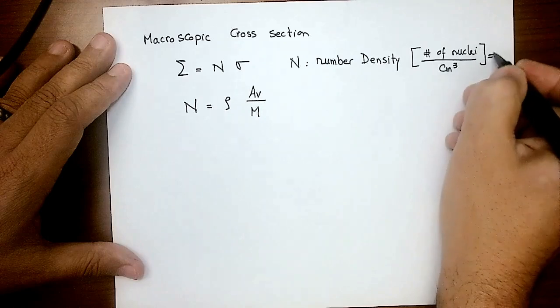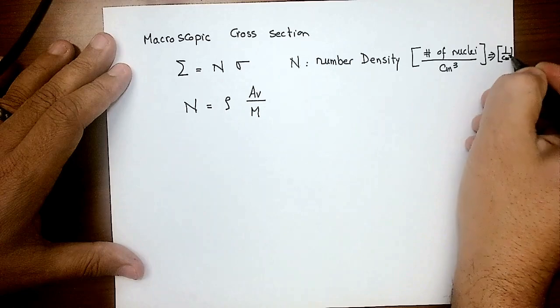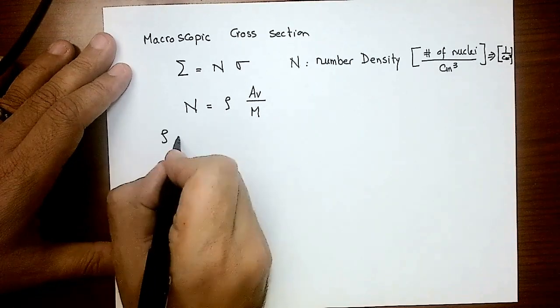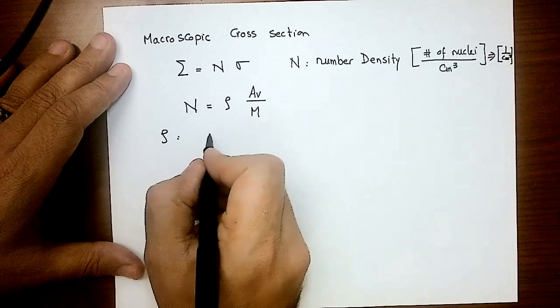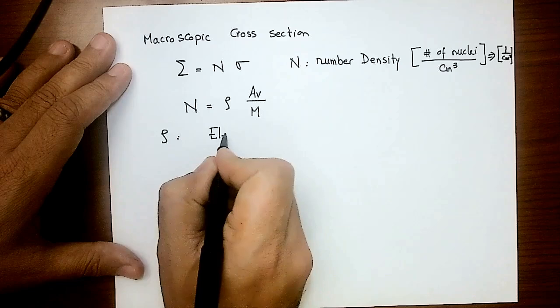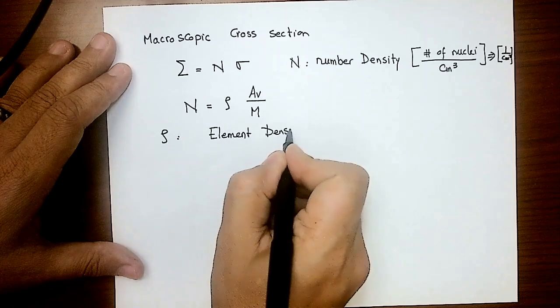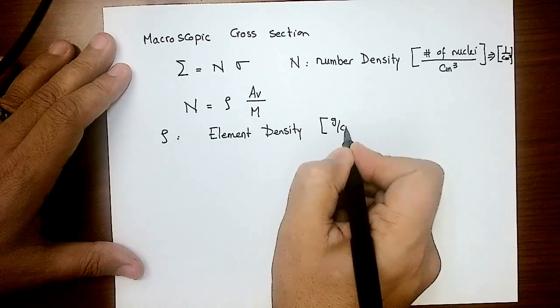So the final unit of N is 1 over centimeter cubed. Rho is the density. That's the element density.